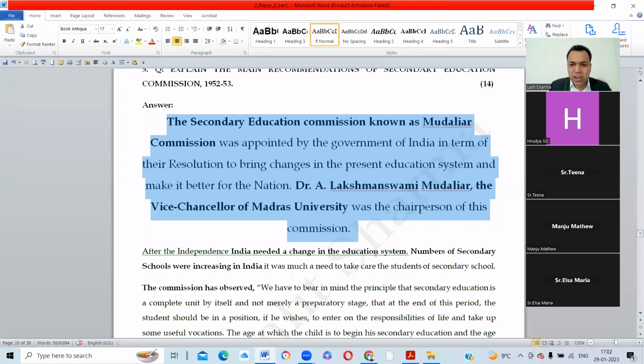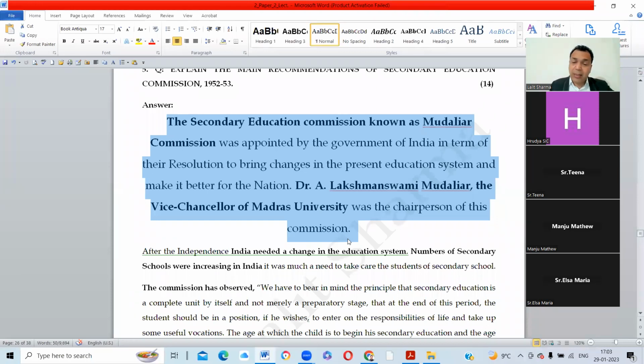Dr. A. Lakshmanaswami Mudaliar, the Vice Chancellor of Madras University, was the chairperson of the commission. You know what happens when any commission becomes famous, no? Whoever the chairperson is, they become more popular. So sometimes questions come, explain the recommendations of the Mudaliar Commission. When the question says Mudaliar Commission, it means it is talking about the Secondary Education Commission.